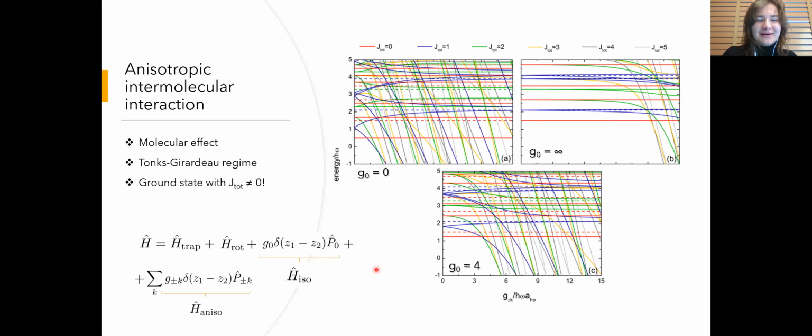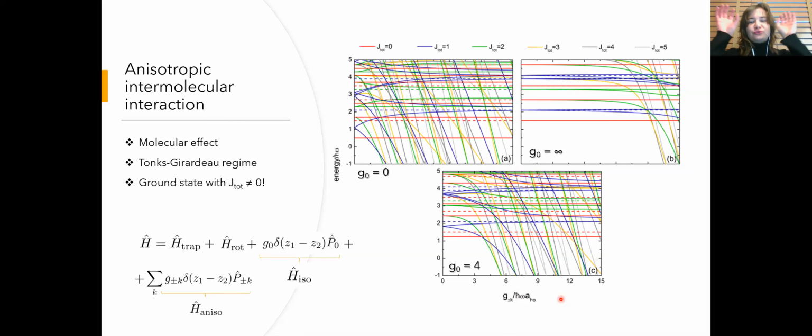Now we have this trap as in the case of atoms. We have this isotropic interaction as in the case of atoms, but additionally we have rotational states and this anisotropic interaction. And these are energy spectra as a function of the anisotropic interaction.